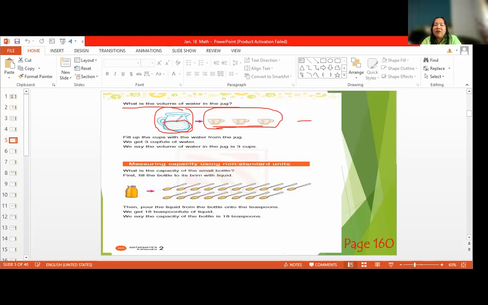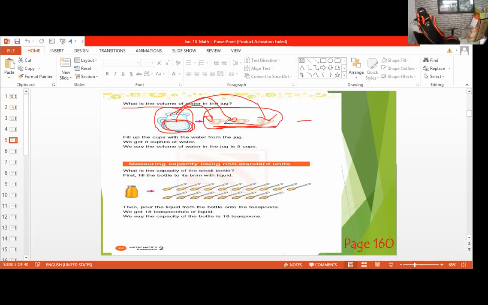So fill up the cups with water from the jug. From this water, you fill up this one with full water. You fill up again with full water. And also this one, you fill up with full water. And all of this is equivalent to three what? Three cups full of water.